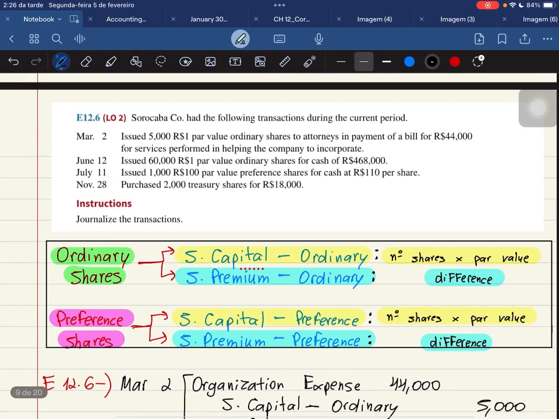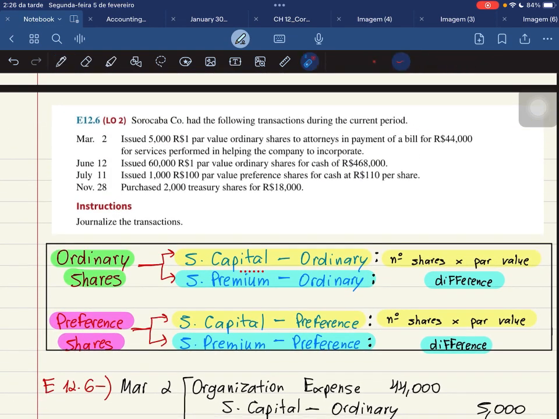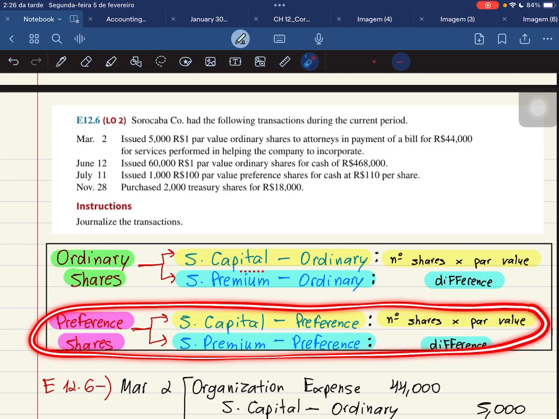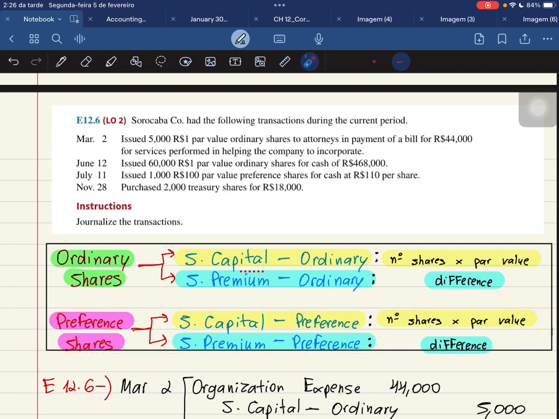Okay, July 11th, what do we have? Issued 1,000 real par value preference shares for cash at 110 per share. Okay, so we're dealing with preference shares, so actually these are the accounts that we're going to be crediting, right? Okay, so here we don't have the total issuance price, right?